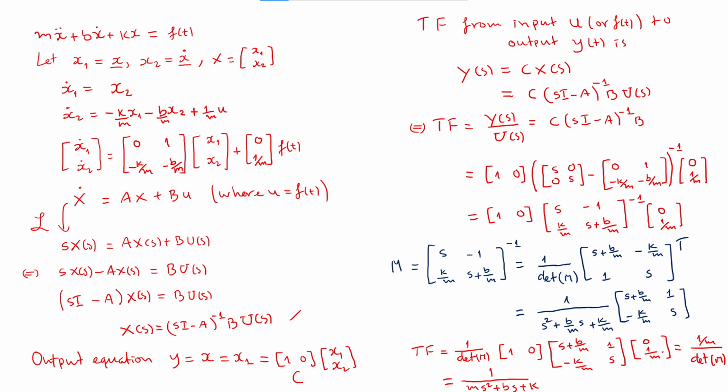Here I just try to illustrate for you that even though we use a different method, because you just have a mass spring damper system, you want to find the transfer function from input to output. Input as a force, output as a displacement h. Then of course you just have this transfer function.